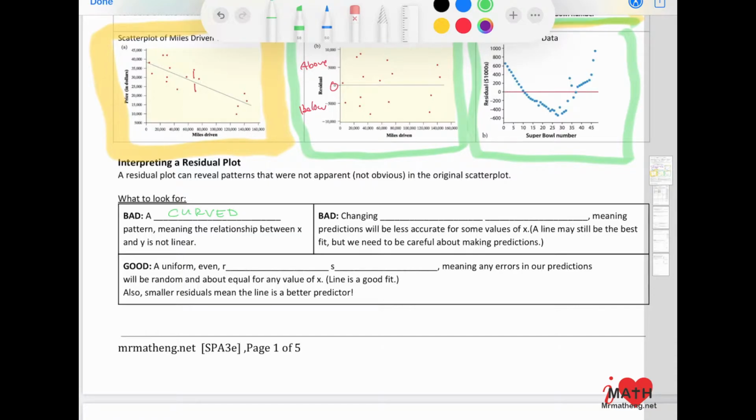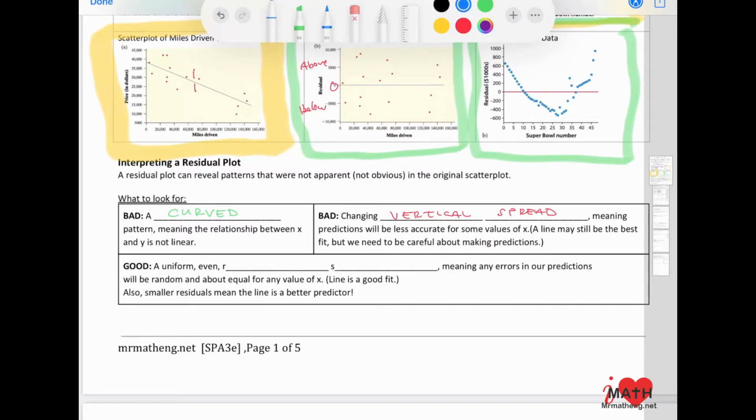What else is bad? Changing vertical spread. Meaning predictions will be less accurate for some of the values of x, although a line may still be the best fit, but we need to be careful about those predictions.